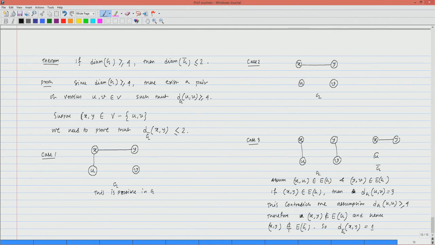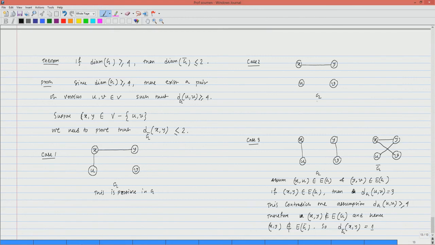So, in graph G, this will be something like this. Okay. So, we proved that the distance between x and y is equal to 1 in G complement.